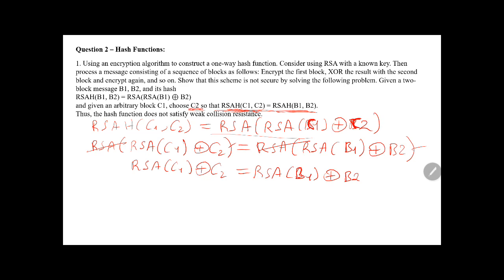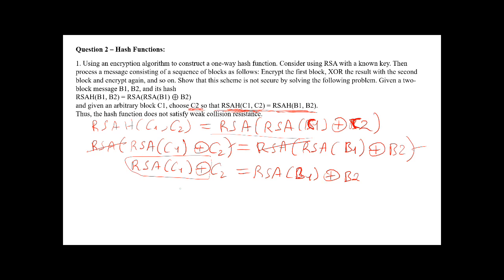What do you think we can do here in order to get C2? In fact, the answer here is extremely simple. Remember, when we have an XOR, in order to send this part to the other side of the equation, what we need to do is just XOR it on the other side.